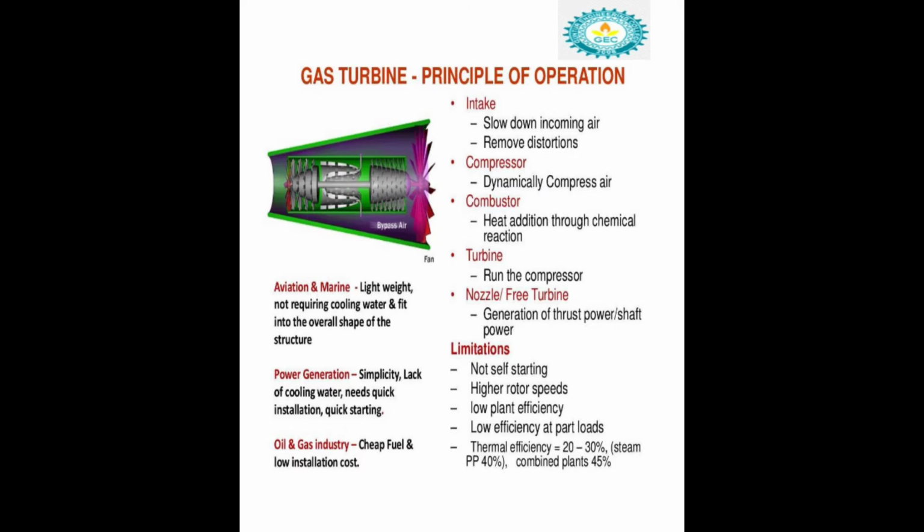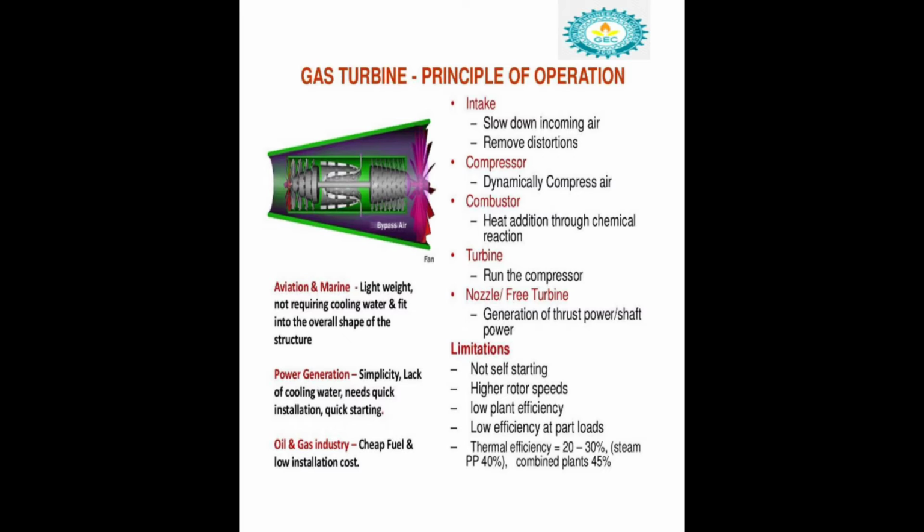This is the principle of operation of gas turbines. The main parts are compressor, combustion chamber, turbine. At the intake, when the compressor is rotated, the air enters into the compressor and it is compressed, then sent to the combustion chamber.